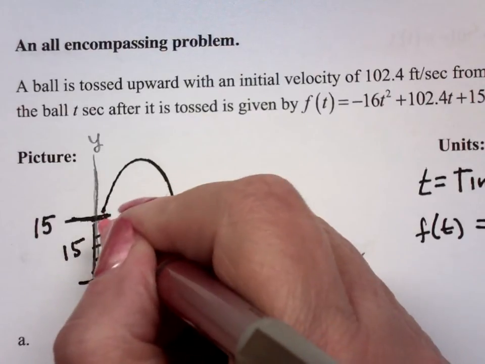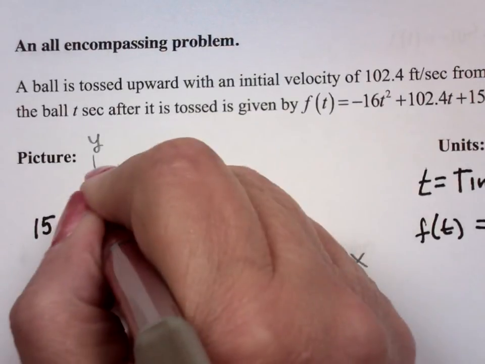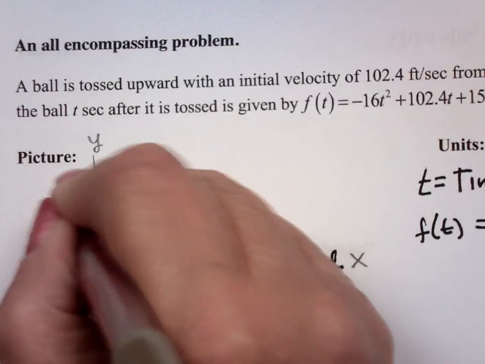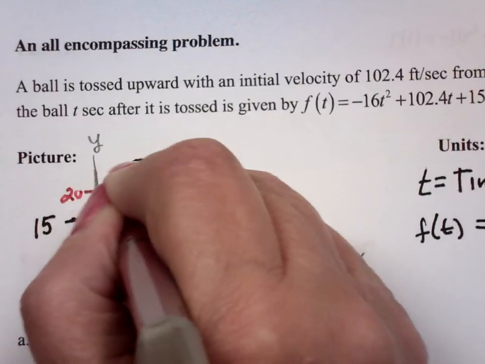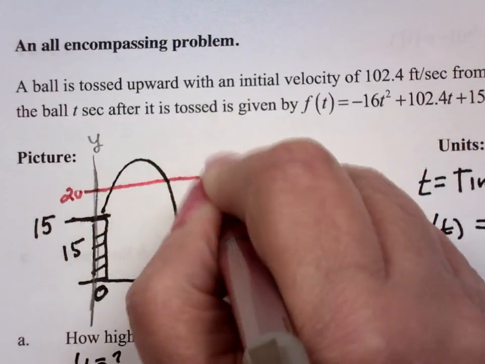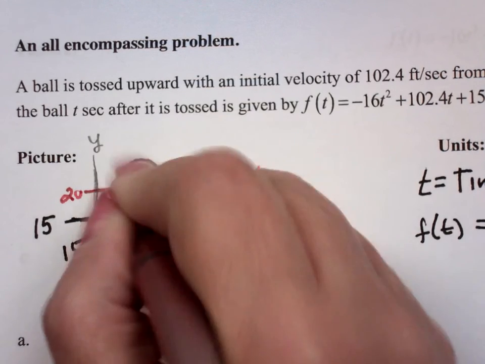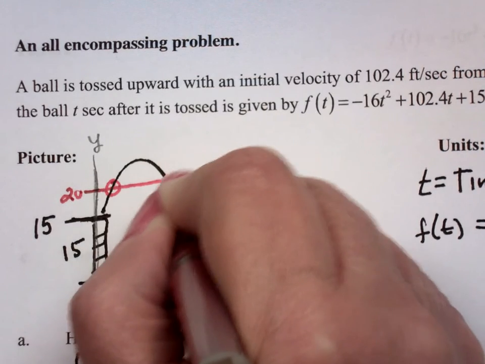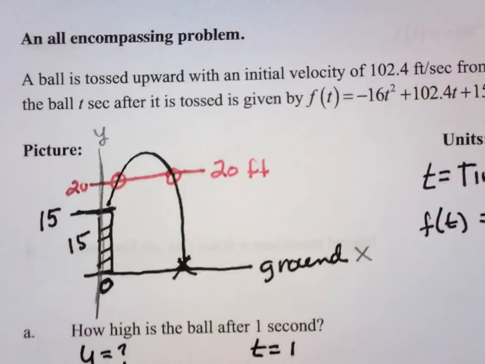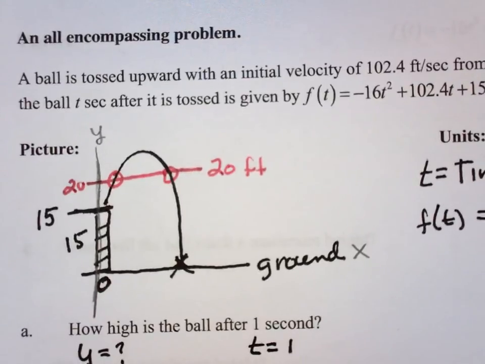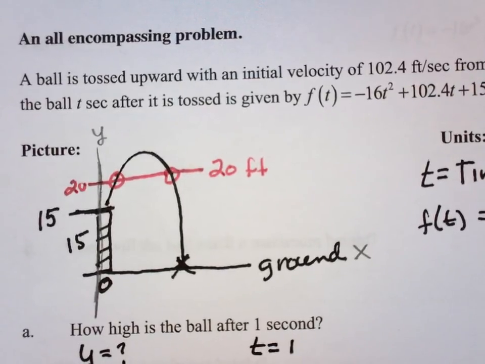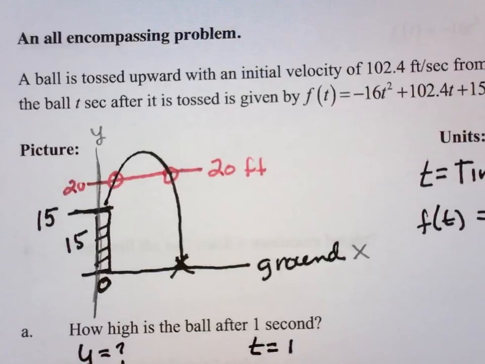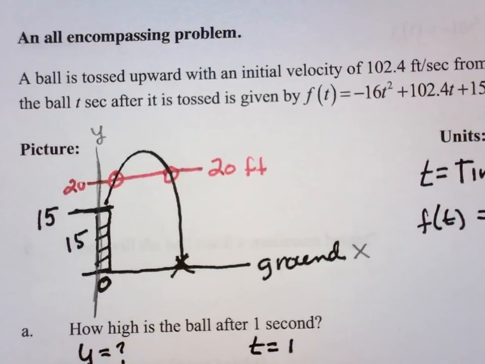Is 20 bigger than 15? Yeah. So we're at 20. If this is 20 feet, how many answers will I have? 2. One going up, one going down. If it were smaller than 15, then I would only have 1. And that's coming down because it started higher than 15 feet to begin with.